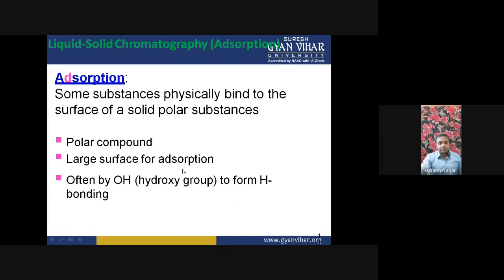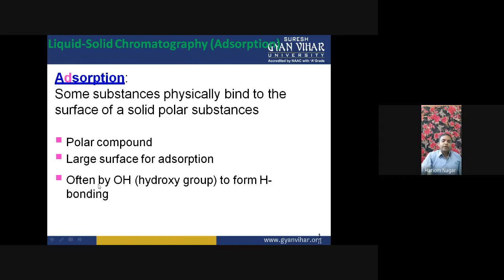The requirement for adsorption chromatography is a large surface. This large surface is required because if there is very little surface for adsorption, then adsorption would be very low, and the separation process would be very slow.